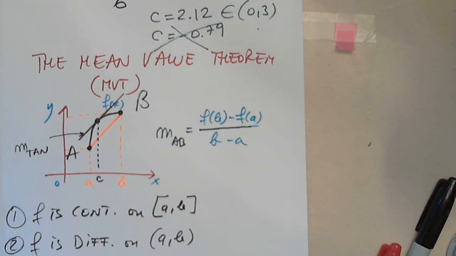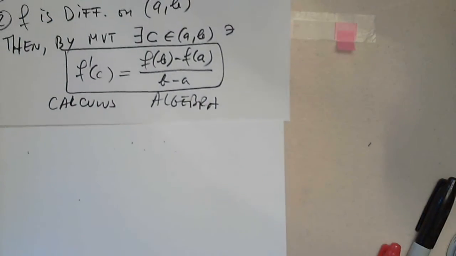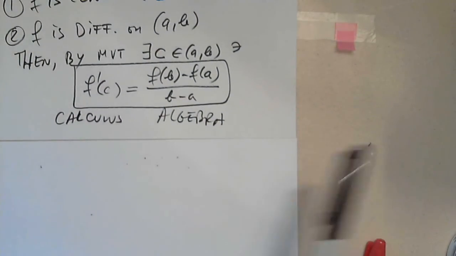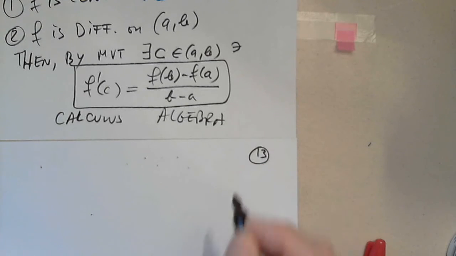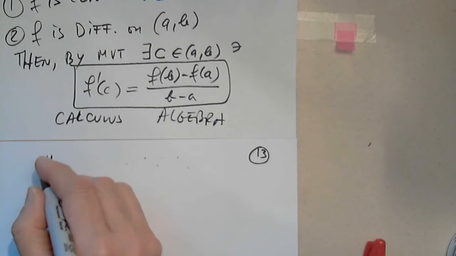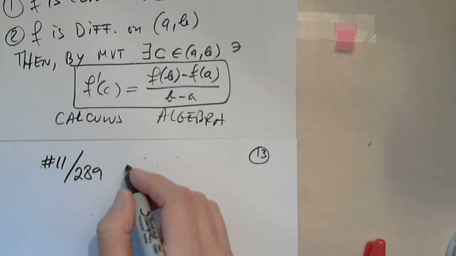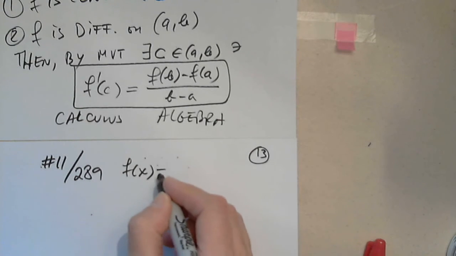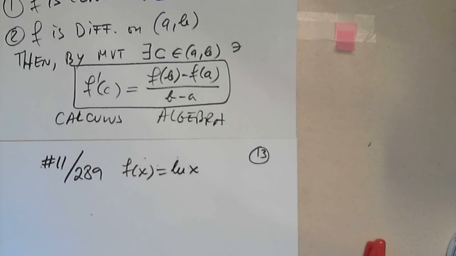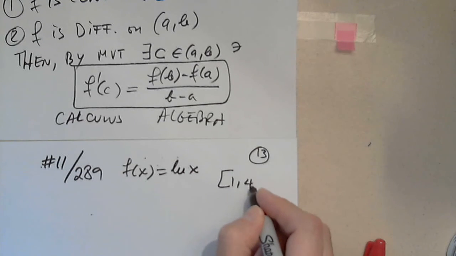So let's apply the MVT in a problem. On page 289, number 11 caught my eye. We're given f of x equals natural log x, and we're given the interval 1, 4.